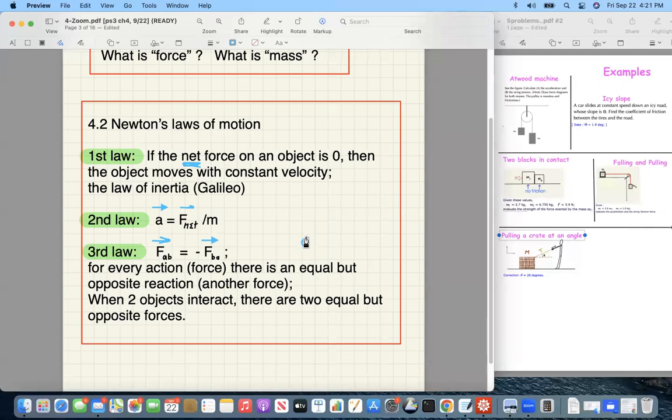So, if I have two objects, let's say it's the force of gravity. So here's the Earth, and here's the moon. Well, the moon is pulled towards the Earth by gravity.